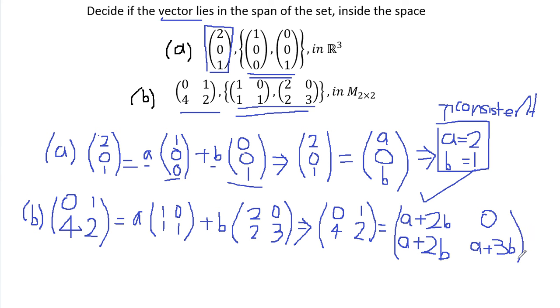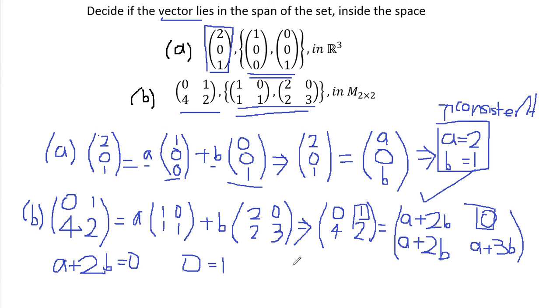Well, let's compare coefficients. For the first row, first column, we get A plus 2B equals 0. From the first row, second column, we get 0 here and 1 here, so 0 equals 1.